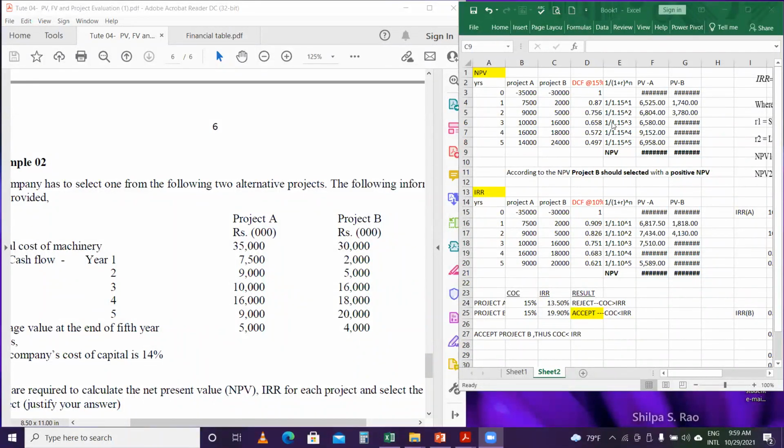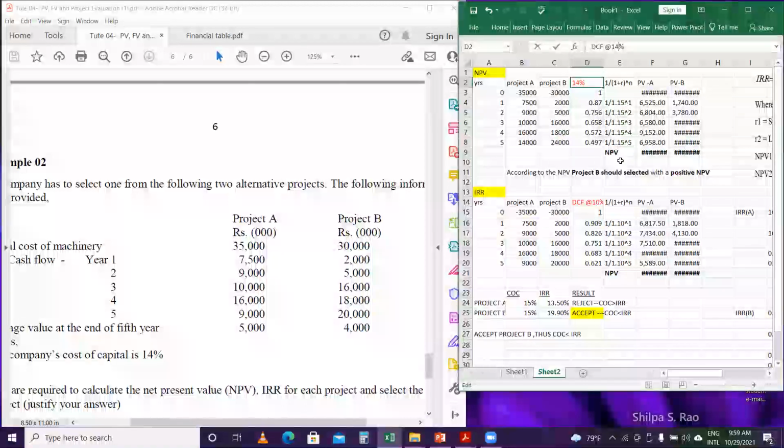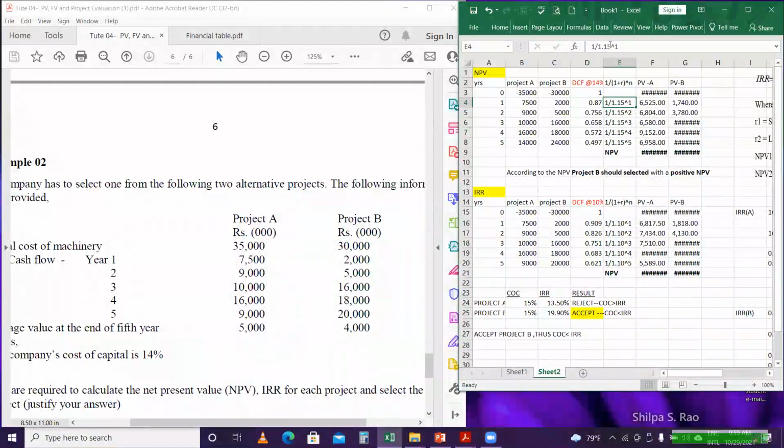Right? So here the rate is 14%, not 15%. The rate is 14%. So you have to take the 14% here.